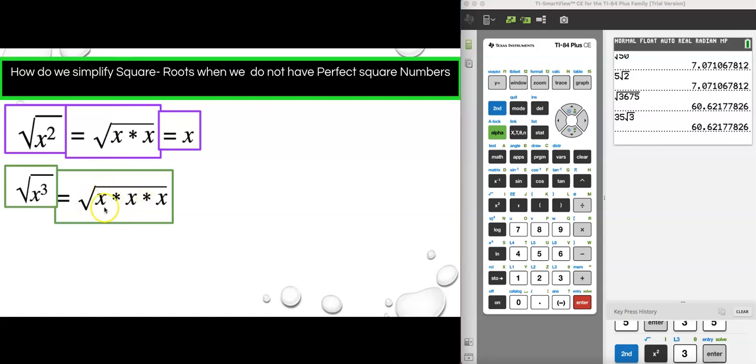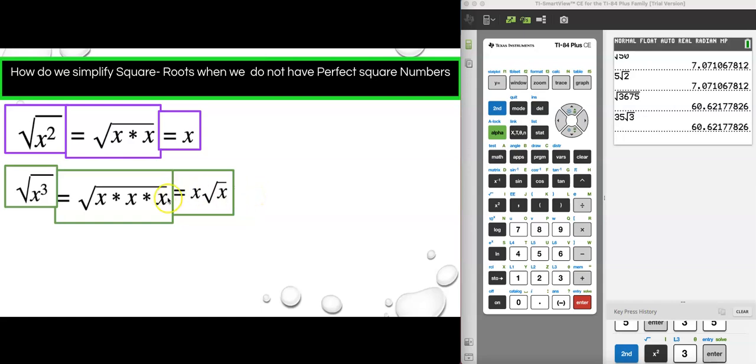These 2 x's make a pair, but this one doesn't have a pair. So what do you think is going to happen with that x? It's going to stay under the radical. You can pull one x out, and the other x that doesn't have a pair has to stay underneath the radical. So therefore you have x times the square root of x.